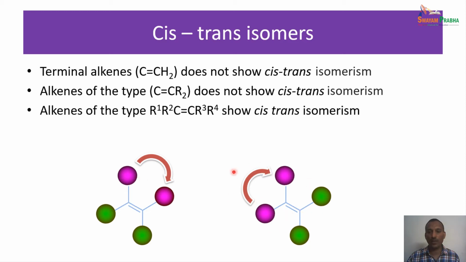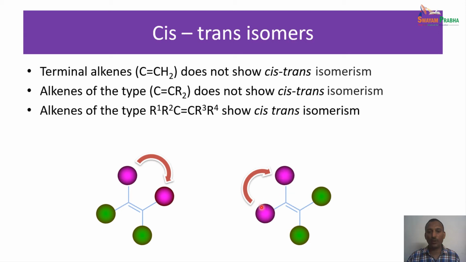As shown here, generally cis-trans isomers are given relative to something. That means one colored group is either on the same side across the double bond or on the opposite side of the double bond. That is how we say.